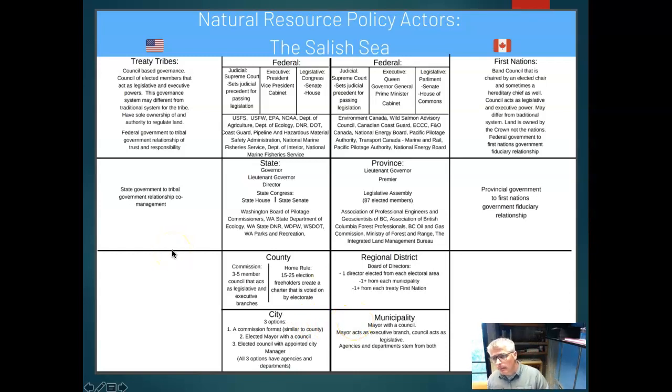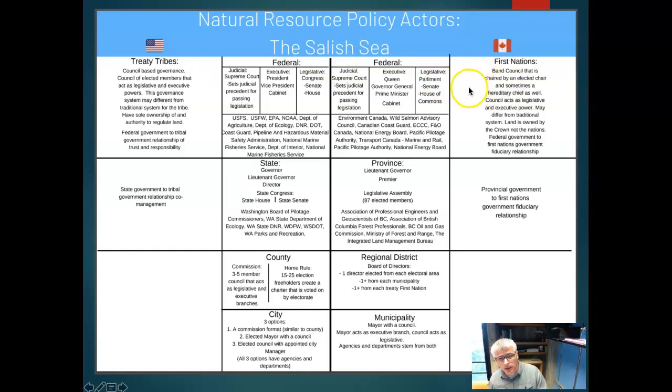And so for treaty tribes, council-based governance, and this is variable, but councils are elected members that act as the legislative and executive powers. Many of these governance structures were outlined in the treaties and mandated by that.